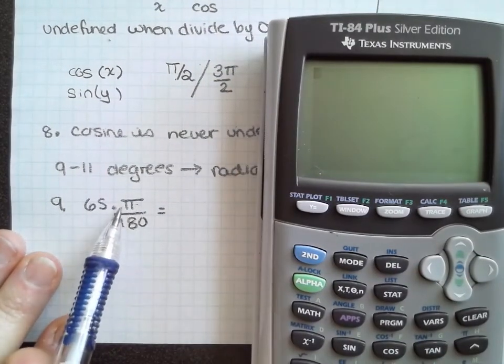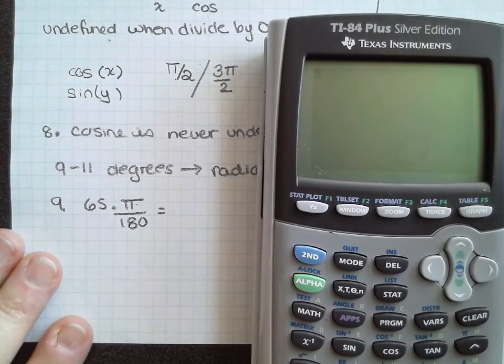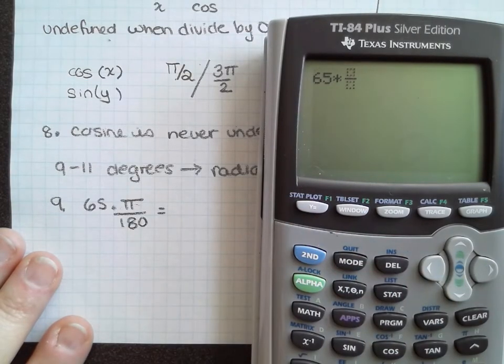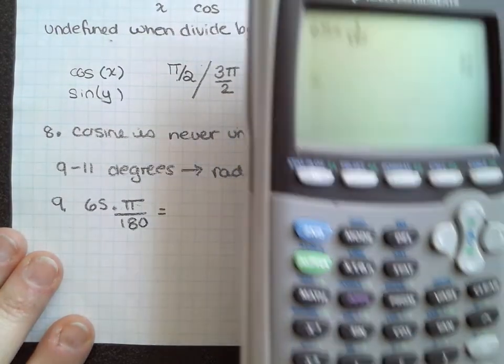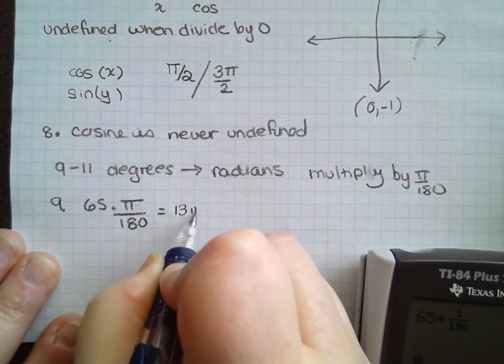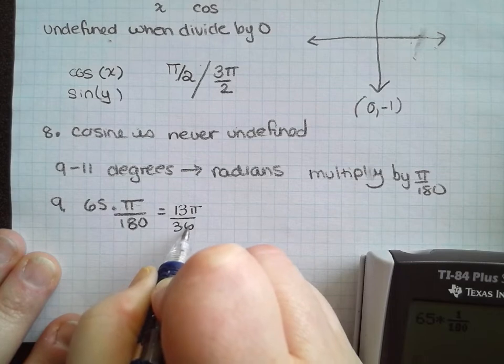It's used as a variable right now. So I'm going to do 65 times, and I'm going to do alpha y equals 1 over 180. Okay, so that's 13 over 36. So that ends up being 13 pi over 36.